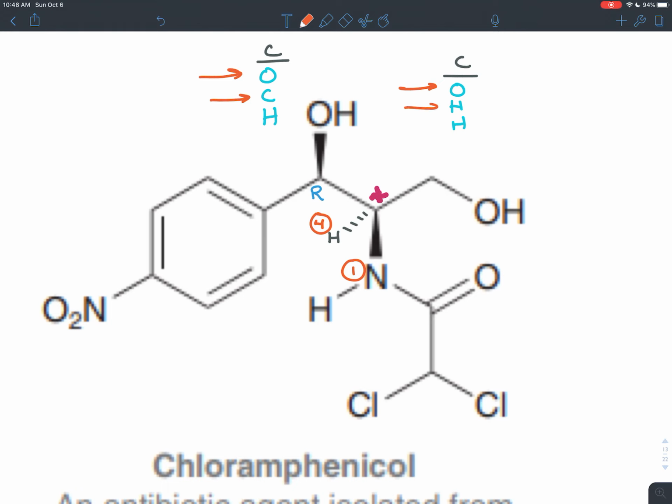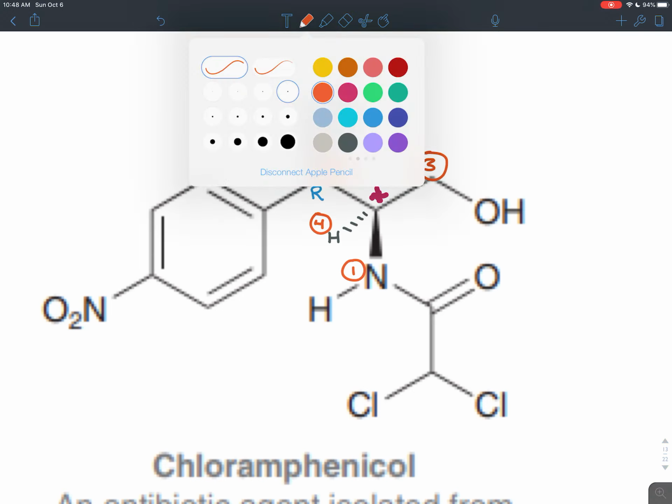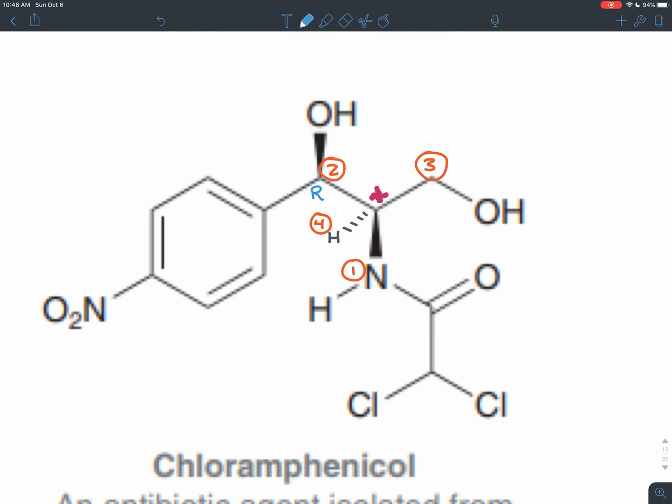The top row ties, so we look at the second row. Here, the carbon on the left is bonded to a higher atomic number atom, the carbon. And so, the carbon on the left gets the higher priority of these two. It will be 2, the other one will be 3. So that's the first step in the Cahn-Ingold-Prelog rules, assigning priority based on atomic number.